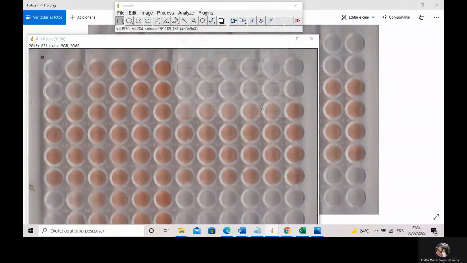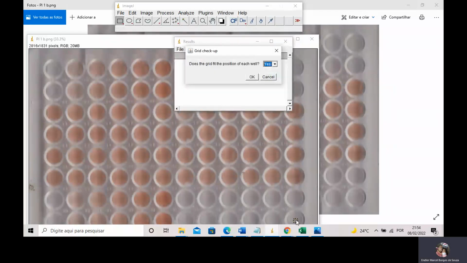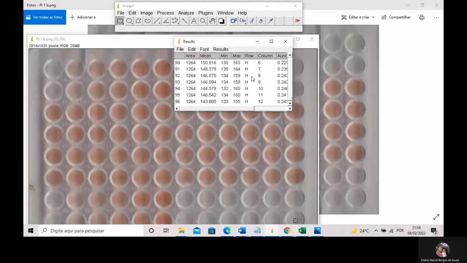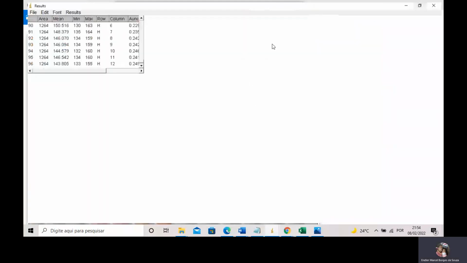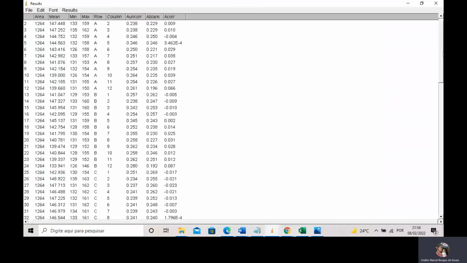And ReadPlate has extracted all red values from all the wells. You are going to click OK, and you can see that ReadPlate has extracted red values from all the wells. For example, this is the mean red value of the first well of the 96 microwell plate.